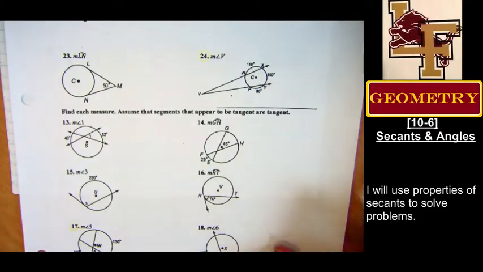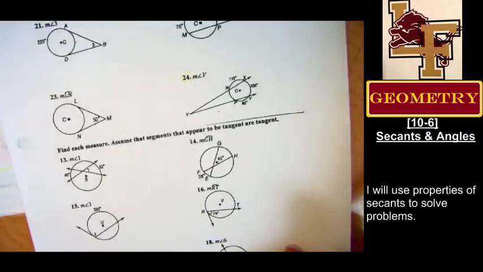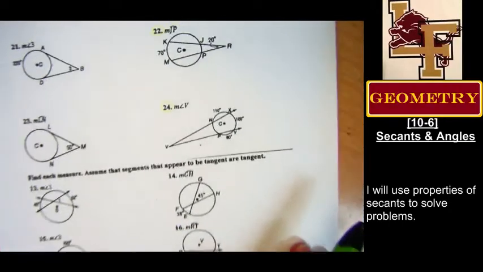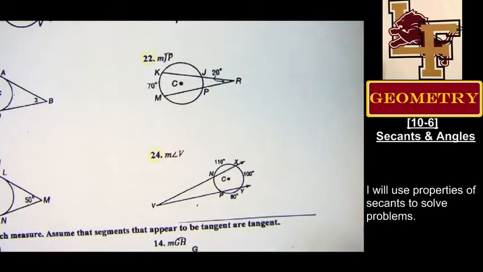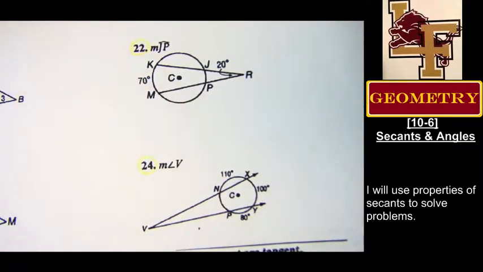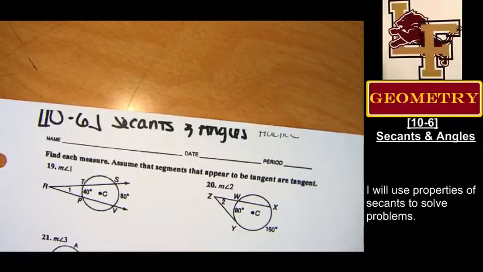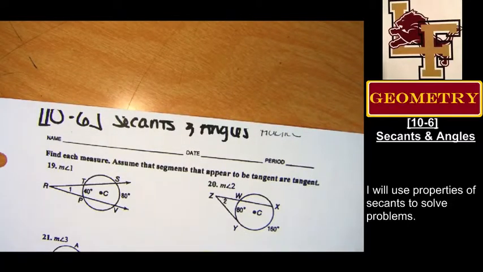Okay? All right, so we're going to do 22, 24, and then 17. I clearly don't know how to count. All right, this is your practice assignment 10-6. There might be some at the Pokestop. Why you messed up the numbers? Yeah, I did. I can't count. I failed pre-K.